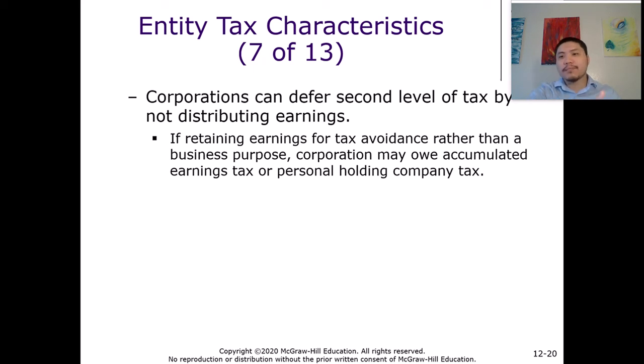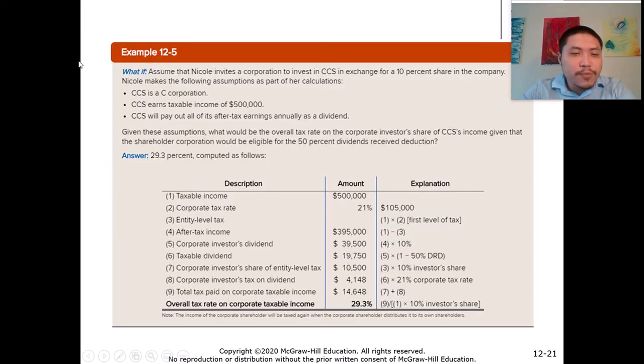It's one of the main topics in corporate finance. So if you guys took a class in corporate finance, you can see clearly what I talked about. But anyway, I just want to introduce you to this concept. So there's a way for a corporation to avoid, or at least to defer, to postpone the second level of tax.